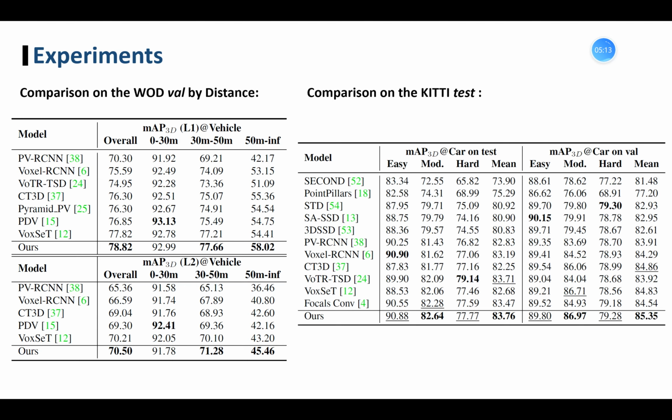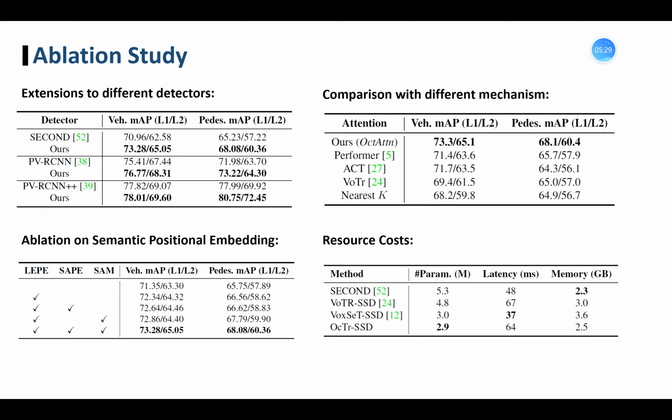We summarize the performance on the KITTI test set in the right table. With the help of the multi-scale backbone features and rich global context, one can observe that we rank the best or the second best in all the cases. About the ablation study, we acquire sound improvements compared to different detectors, highlighting its scalability.